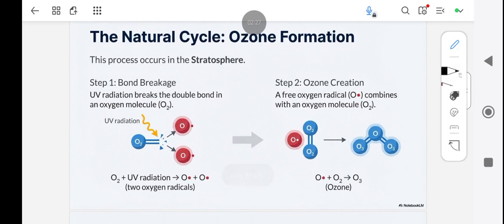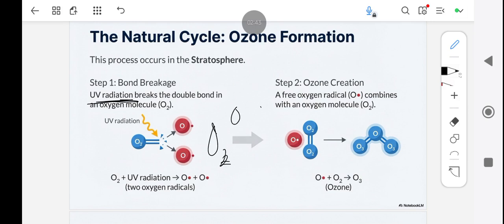So, how is the ozone layer formed? When UV radiation comes, it breaks the double bond of oxygen. So normally, you have O2. It breaks the double bond of oxygen, where you have two O's, like this one here and this one here.